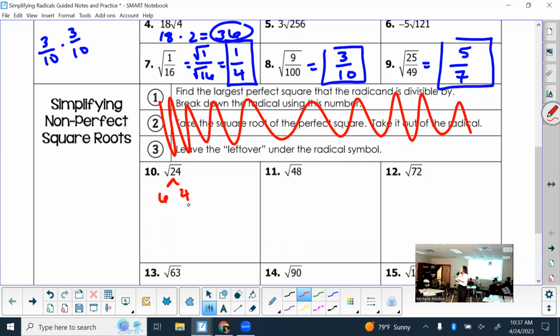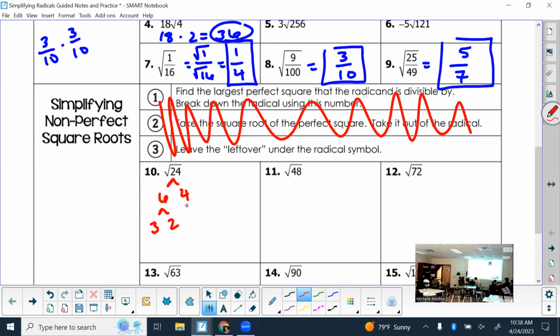So prime means that it doesn't break down any further other than 1 and itself. So are the only factors of 6 1 and 6? So that means 6 is not prime. I'm going to break it down to 3 and 2. Are 3 and 2 prime? Yes, because they don't break down further other than 1 and itself.